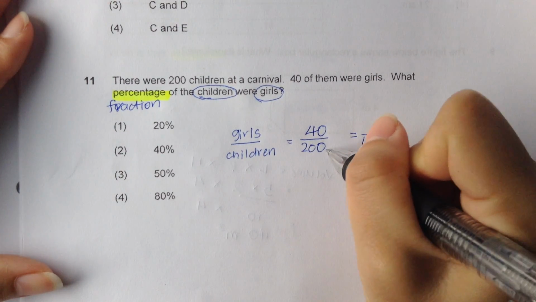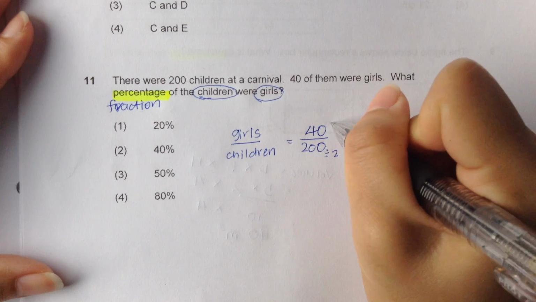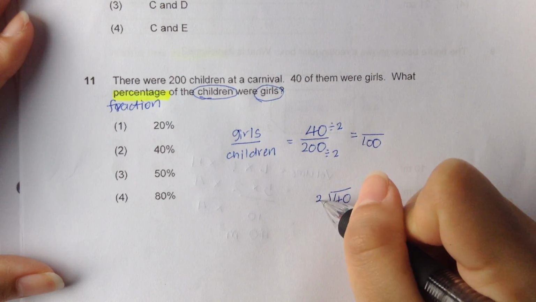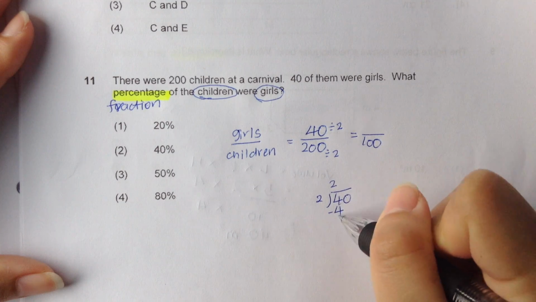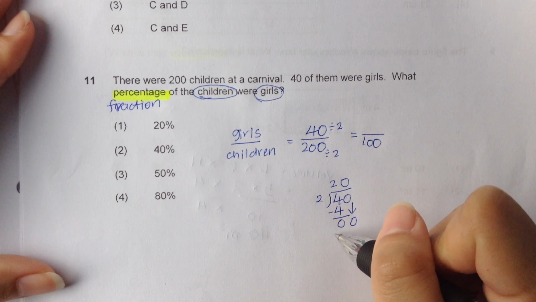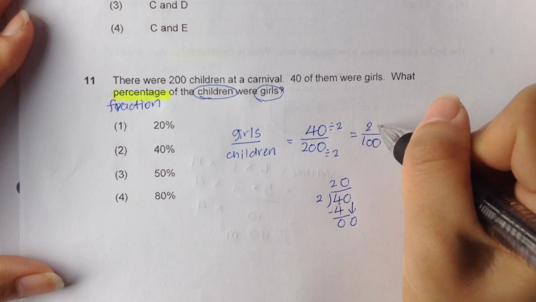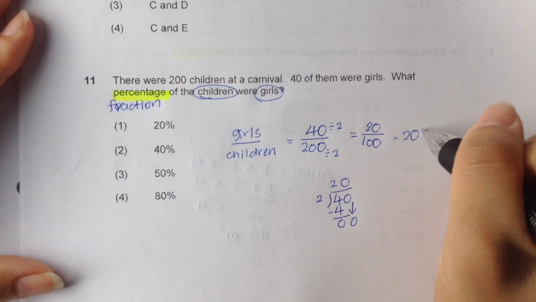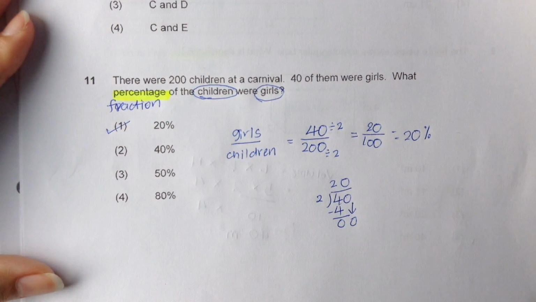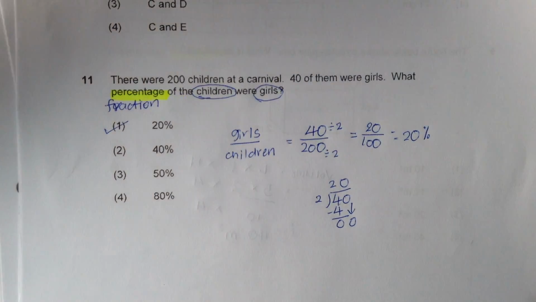Good. So I divided by 2. So I do my working. 40 divided by 2. I get 20. So the answer is 20%. Option 1.